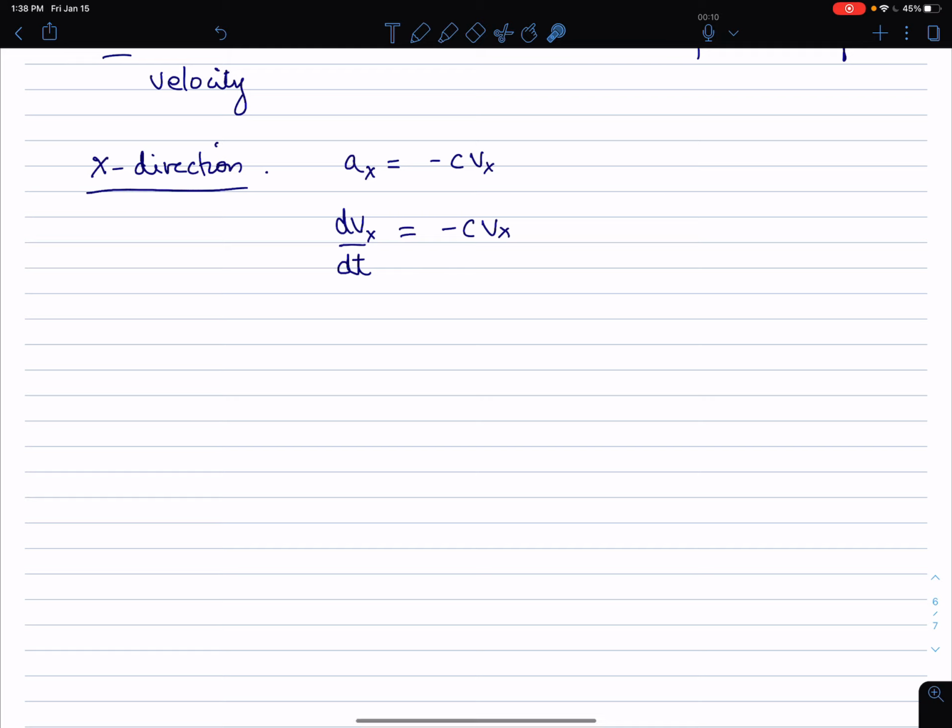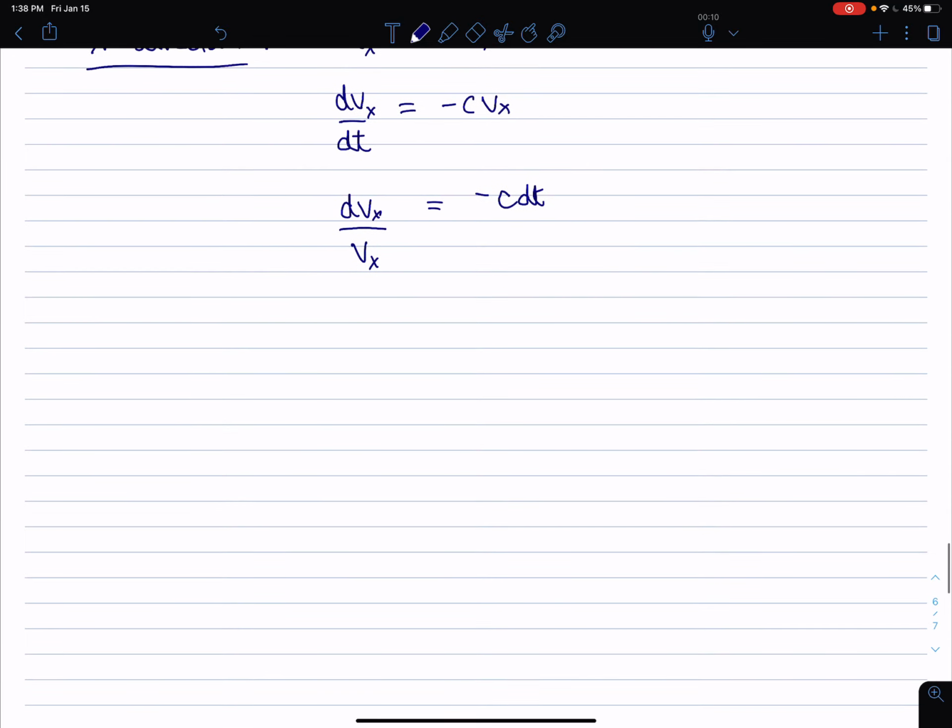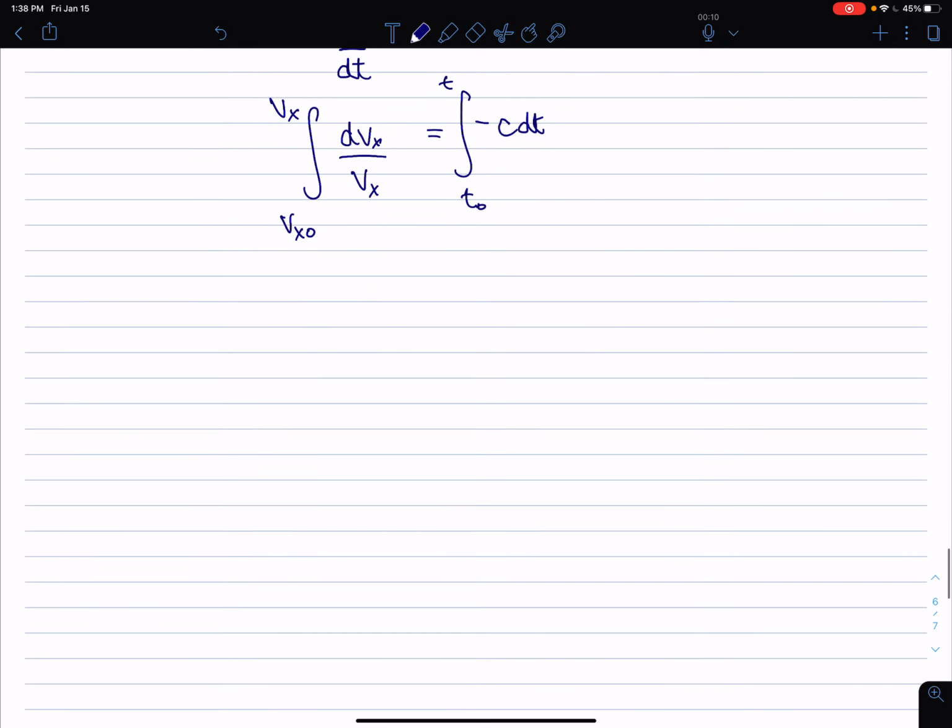We bring the like terms together, all the velocity terms to one side and all the time terms to the other side. So we have that. We can integrate both sides with respect to whatever we are integrating with respect to. On this side, we are integrating with respect to velocity, and on the right-hand side, we are integrating with respect to time. So we put that there.